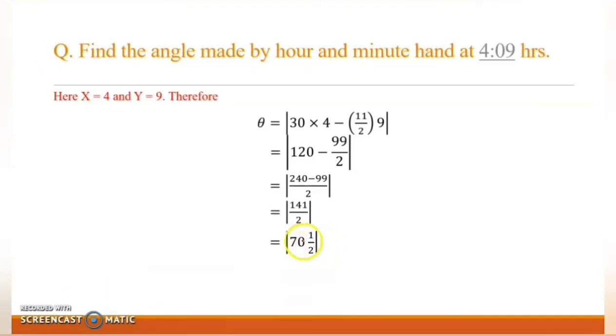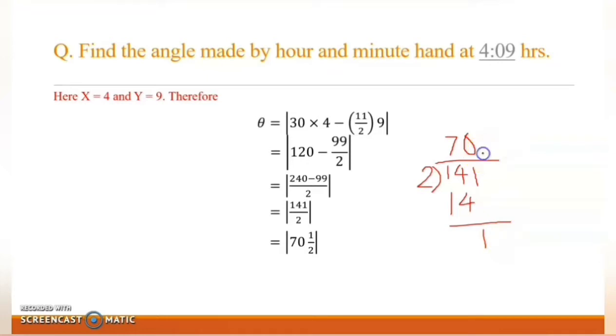For those who don't know how to get this from this, suppose I want to divide 141 by 2. Now that is what? 2 7s are 14. That gives me 1 here, and therefore here else goes 0, because here I have 1 point and another 0 will come here.